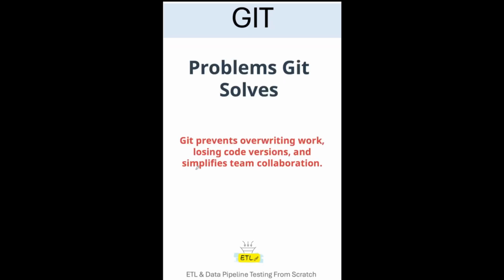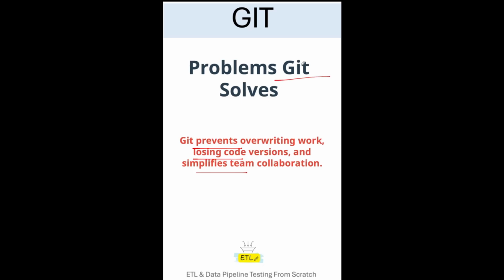Now, what problems does Git solve? Git prevents overwriting each other's work or losing code versions, which simplifies team collaboration. So that means if there is another collaborator and you both are trying to make some changes to a file or more than one file in a repository, if there is no Git, there are chances you overwrite each other's code.